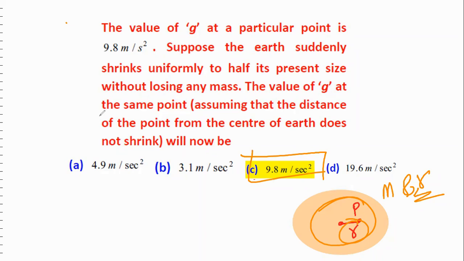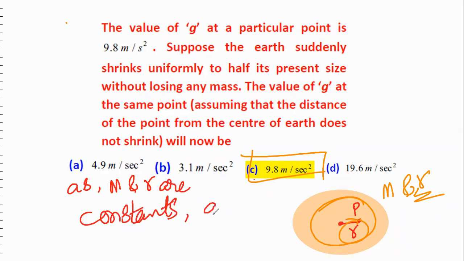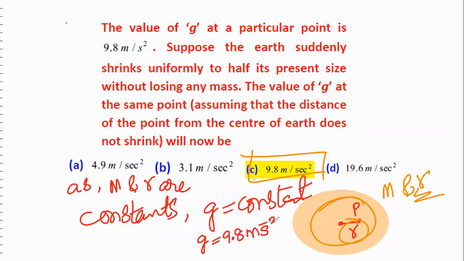As mass and distance are constants, acceleration due to gravity g is also constant. So g is equal to 9.8 meters per second square.